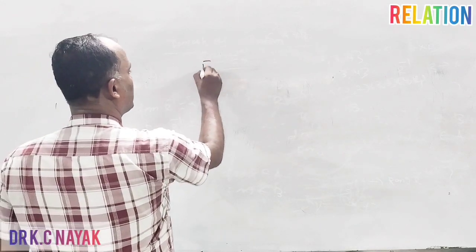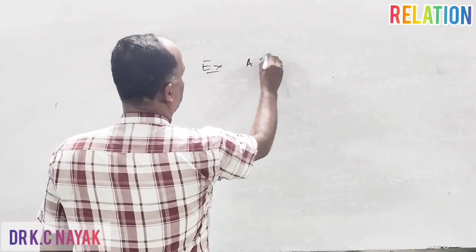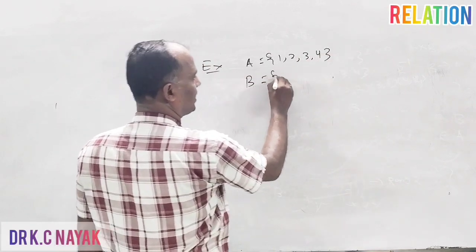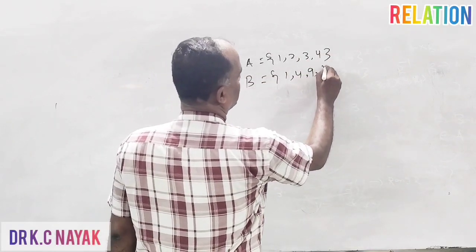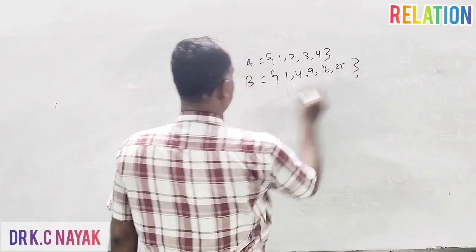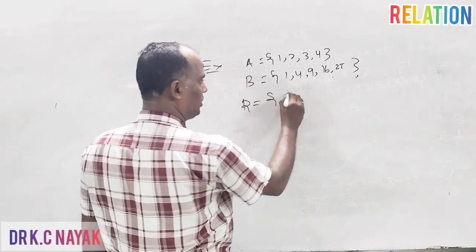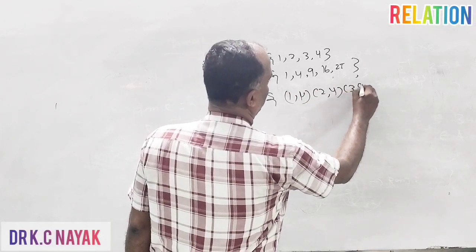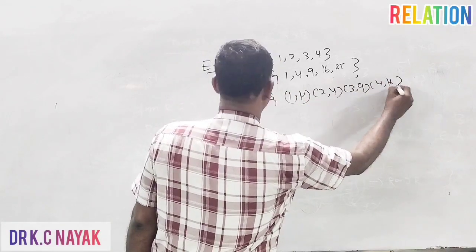Suppose A is the set {1, 2, 3, 4} and B is the set {1, 4, 9, 16, 25}. R is a relation with pairs (1, 1), (2, 4), (3, 9) and (4, 16).